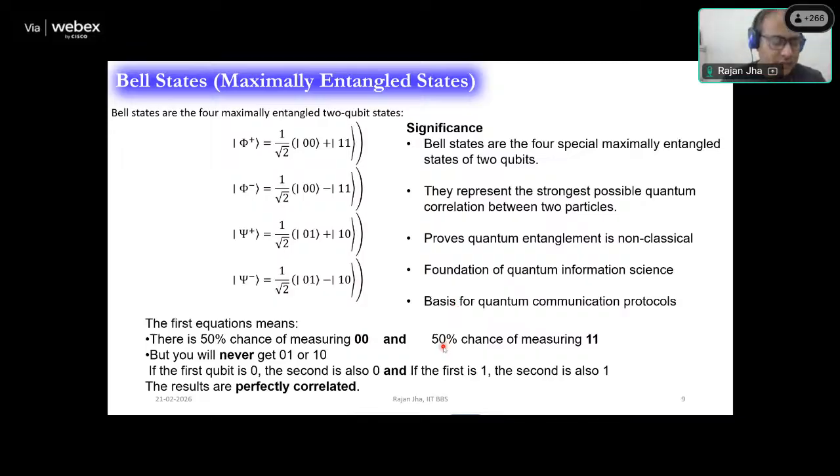And all of you must be aware that a couple of years back there was a communication link shared between China and Austria over satellite communication, where these Bell states were measured. I don't remember the distance, but I think it was a few thousand kilometers between Austria and China that this Bell state protocol was established.